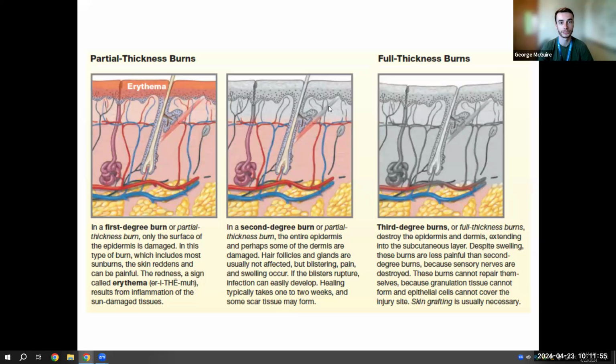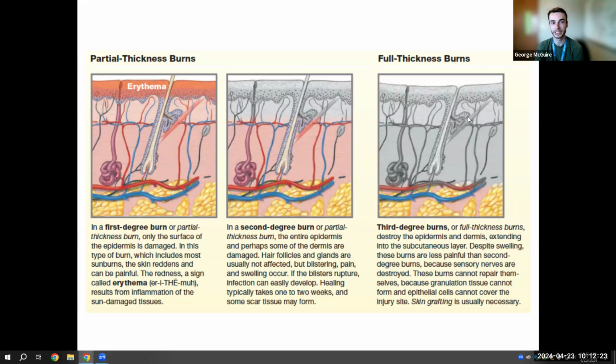Those erector pili muscles are going to need some more repair. So this is going to hurt more than your first degree burn and take much longer to repair. So this is where we get things like blistering showing up from that damage as well. So second degree would be the most painful and is going to require a longer time and much more structural repair than the first degree burn did.